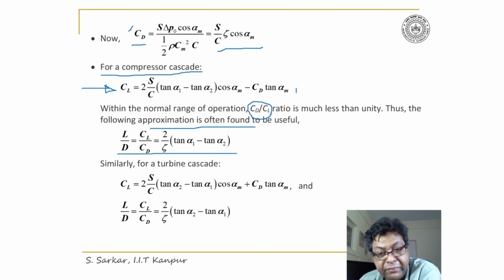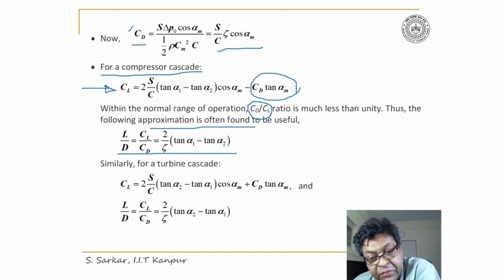Thus actually I have neglected this part, for the low value of CD over CL, which occurs in the nominal range of operation.